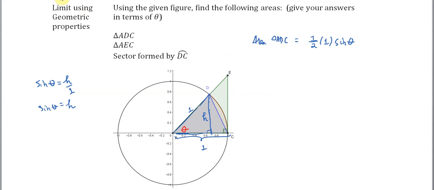Okay. The next shape that we should look at perhaps is the brown, or I would call this purple, slice right here. So this is the area of a sector.